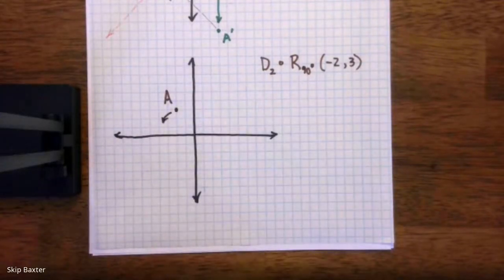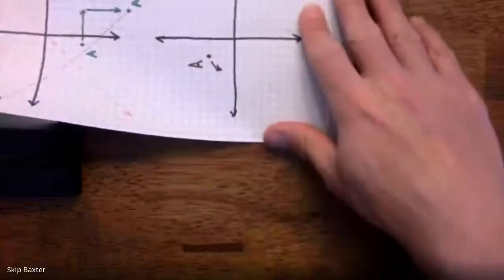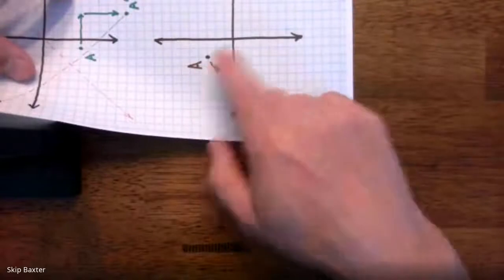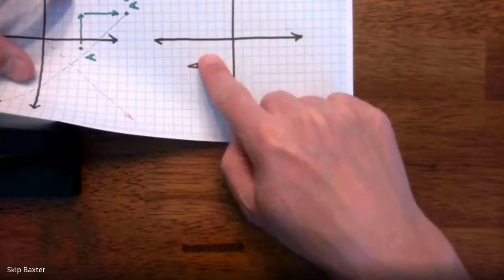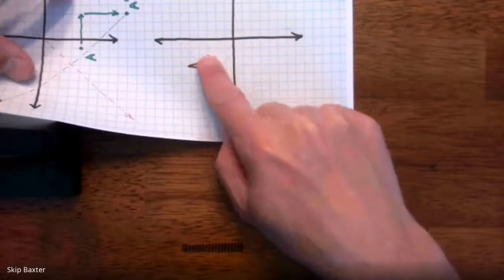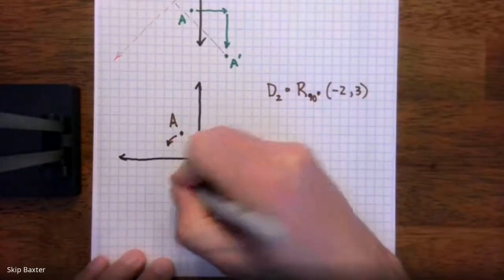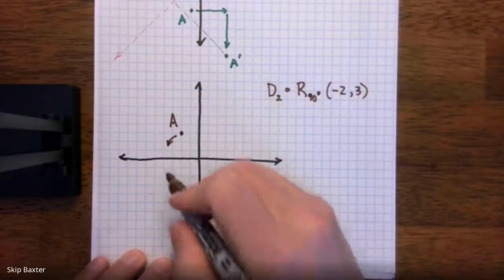So if I take that point A and rotate it 90 degrees counterclockwise, this point now is at -3, -2, right? I move 3 to the left, 2 down, -3, -2. So I'm just going to put my paper back the way it was. -3, -2 is here. That's where it ends up, A prime.